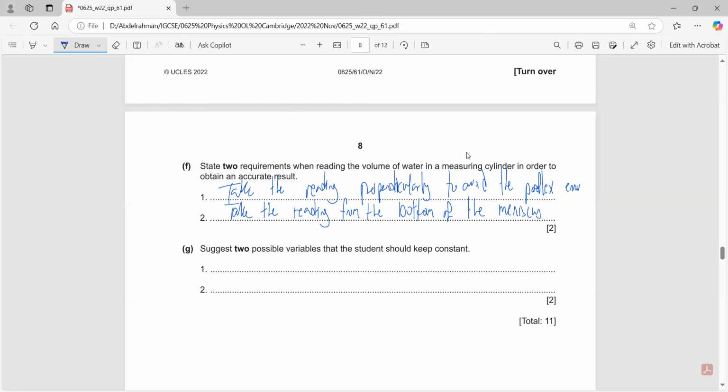Suggest two possible variables that the student should keep constant. Actually, we have many variables. One of them would be the volume of the water. Another one would be the room temperature. The time taken. These are three very important variables. Saying that one of these variables would be the initial temperature would be wrong.